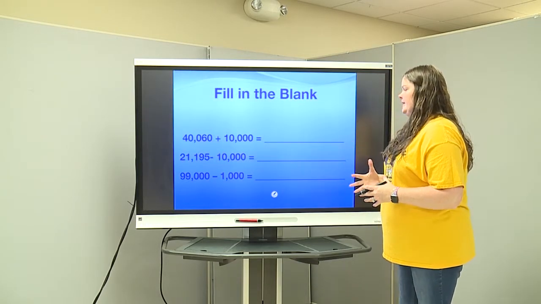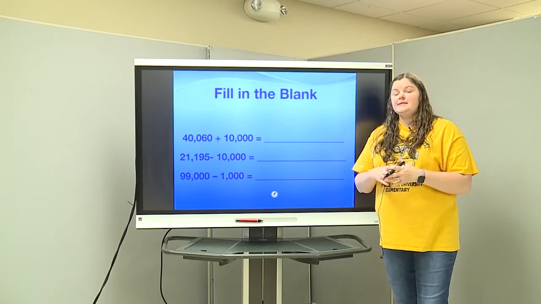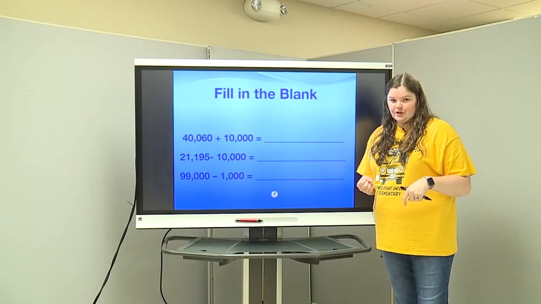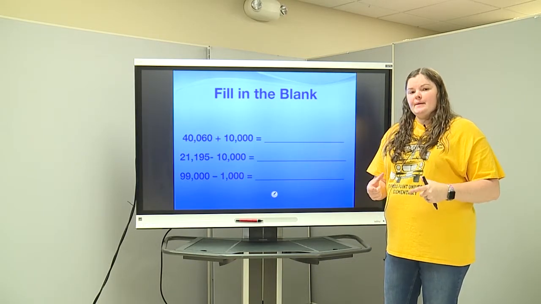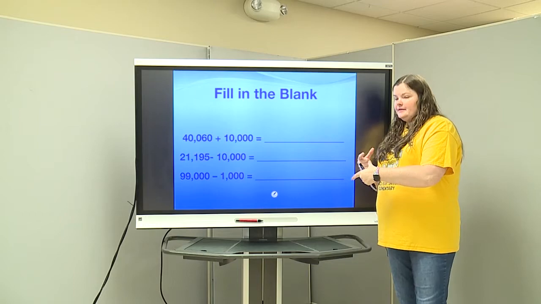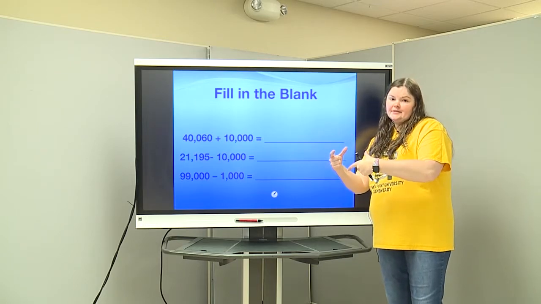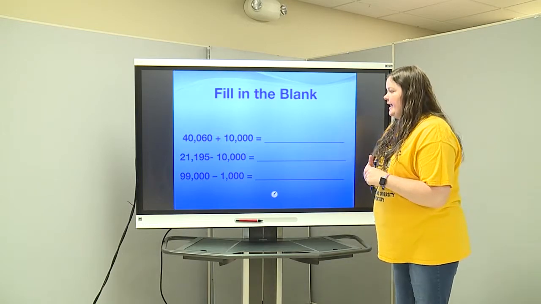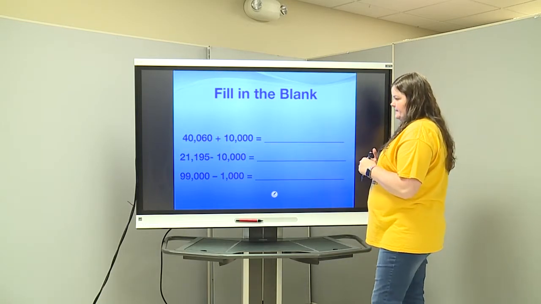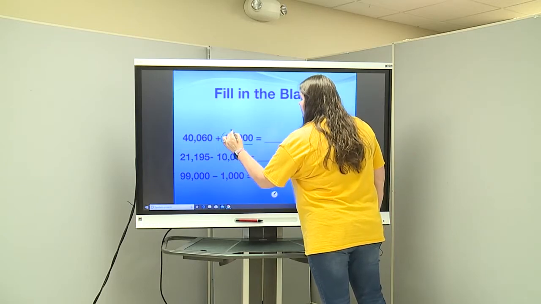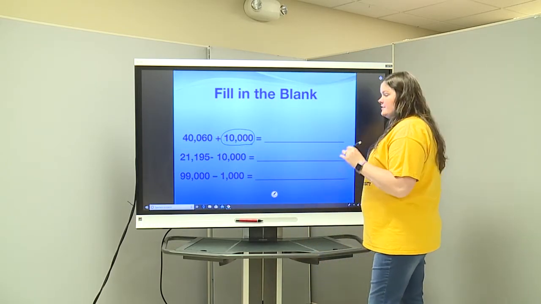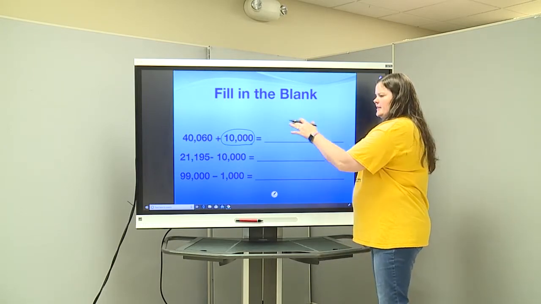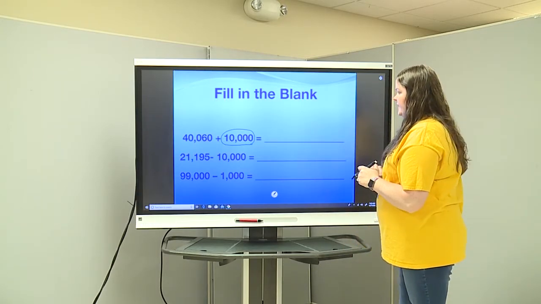All right, now this particular slide is on just showing addition and subtraction. Again, no place value charts, just going to use what we know about place value to add 10,000 or add 1,000 or take those away. So let's look at this first one. It's 40,060 plus 10,000. So I know that the place value that I'm going to be changing is the 10,000s. So let's look at our first number, 40,060.